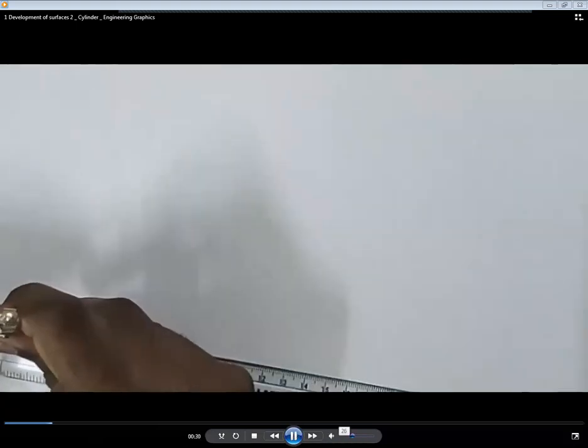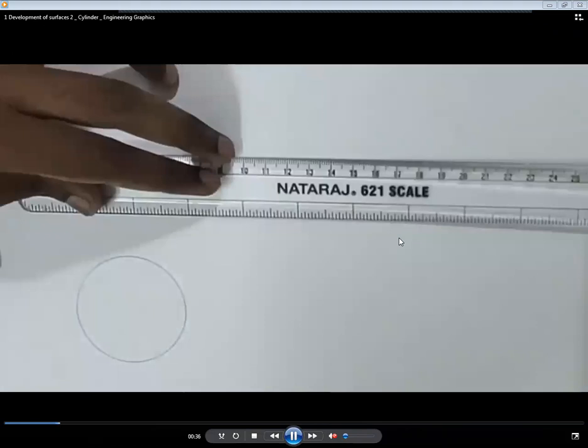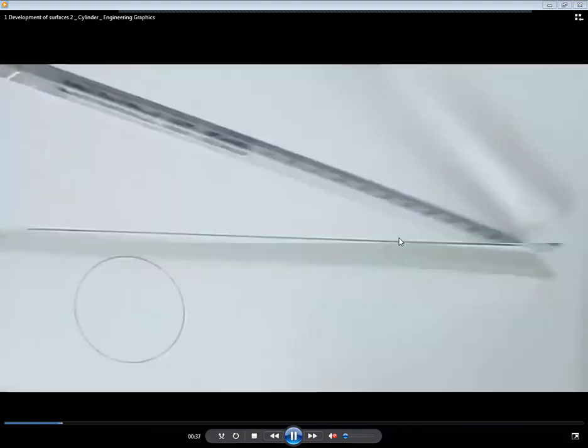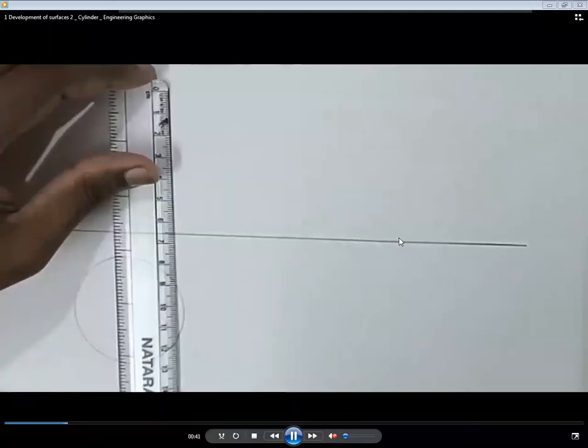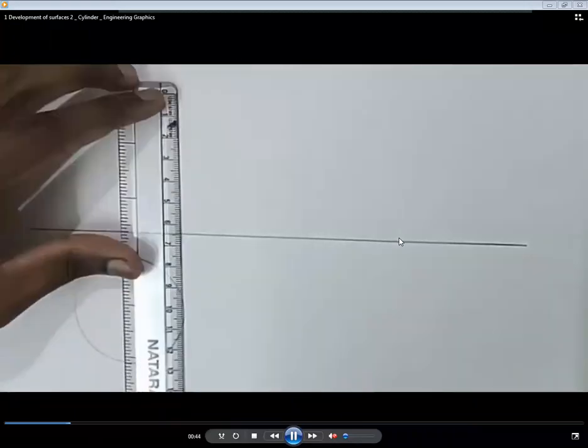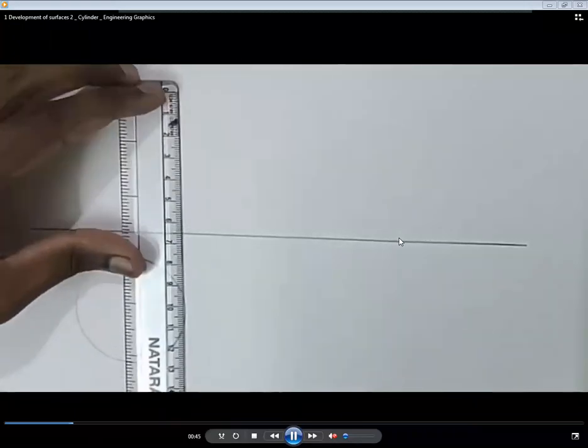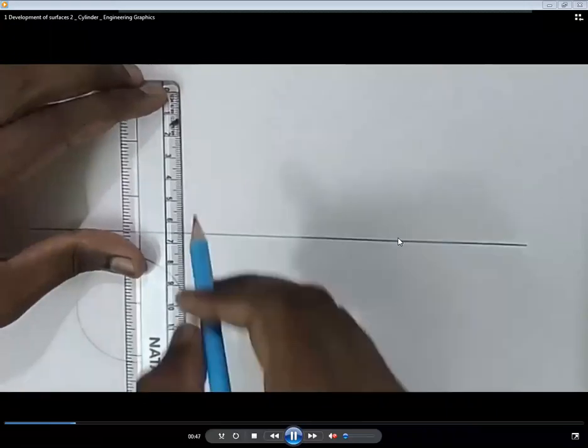Now see, first of all, just draw one circle having the diameter 40 mm, and you have to draw the height 65 mm.